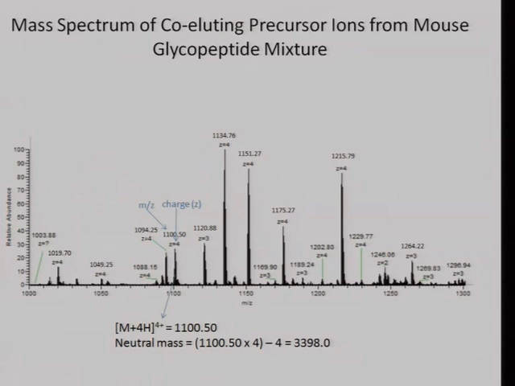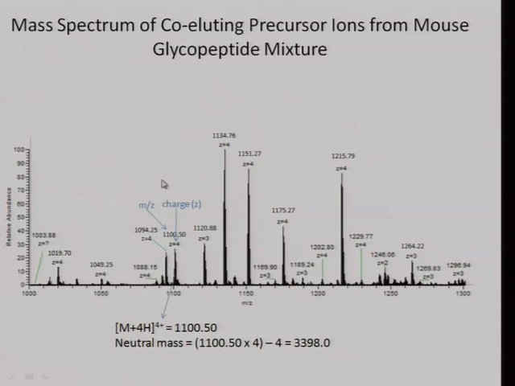And so for several of these peaks, I've got labels on them that say an M over Z and a Z. So in mass spectrometry, you're not measuring masses, you're measuring mass to charge ratios. So for this particular peak that I've highlighted here, this one has a mass to charge of 1100.5, and it has a charge of 4. Z equals 4.